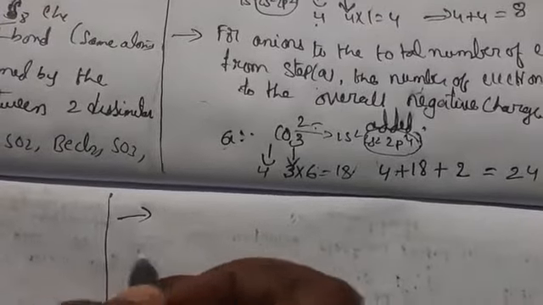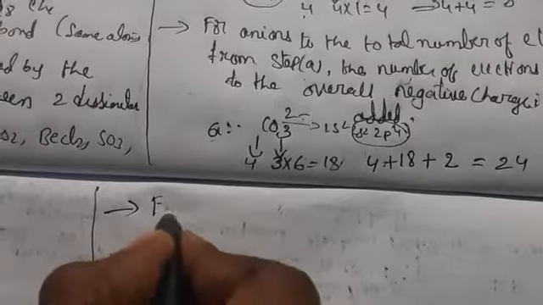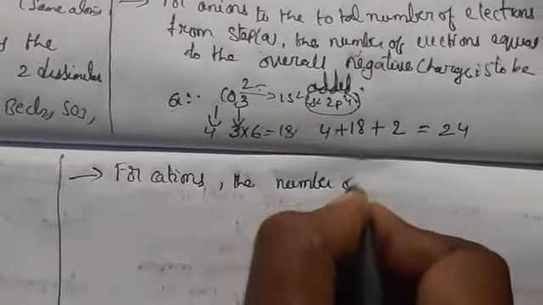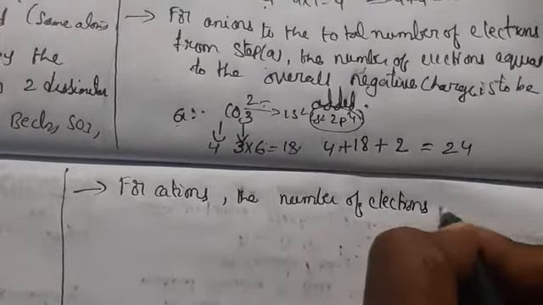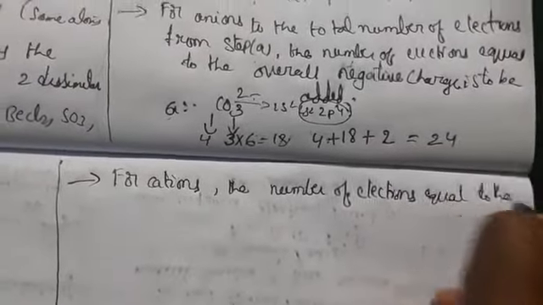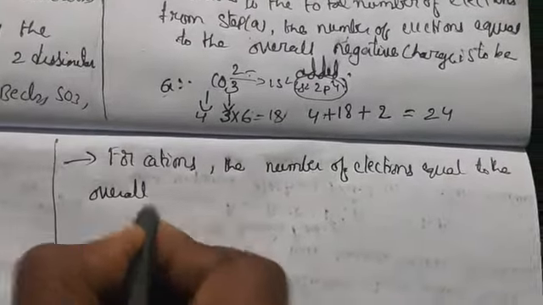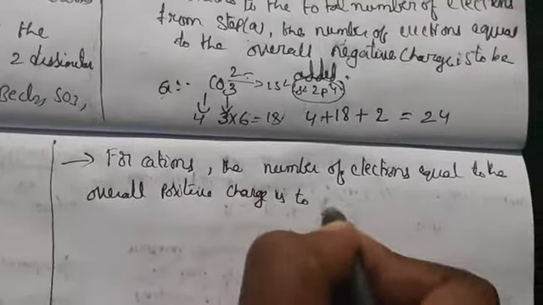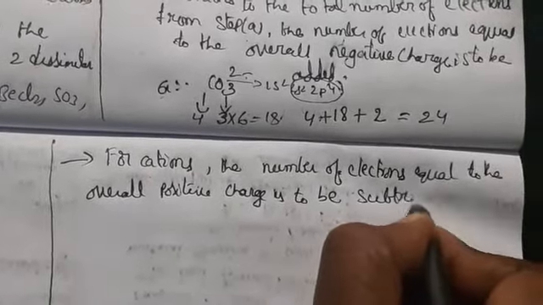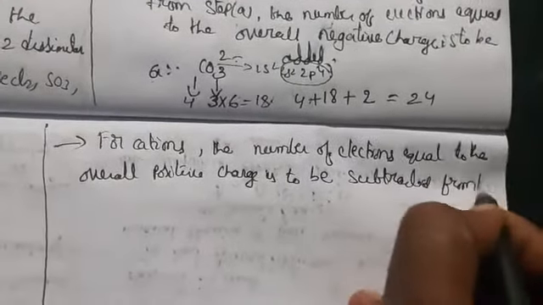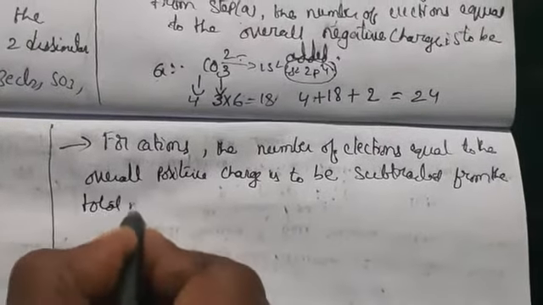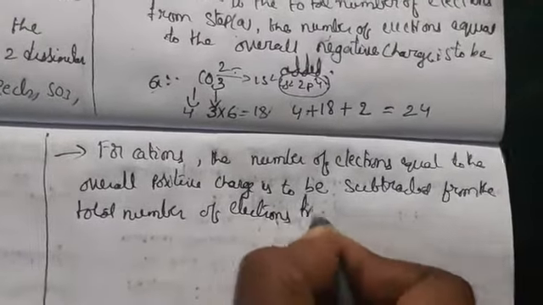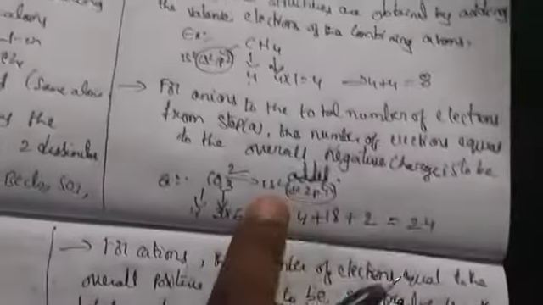The third rule is nothing but here, for cations, the number of electrons equal to the overall positive charge is to be subtracted from the total number of electrons from step A. So here same thing will happen.